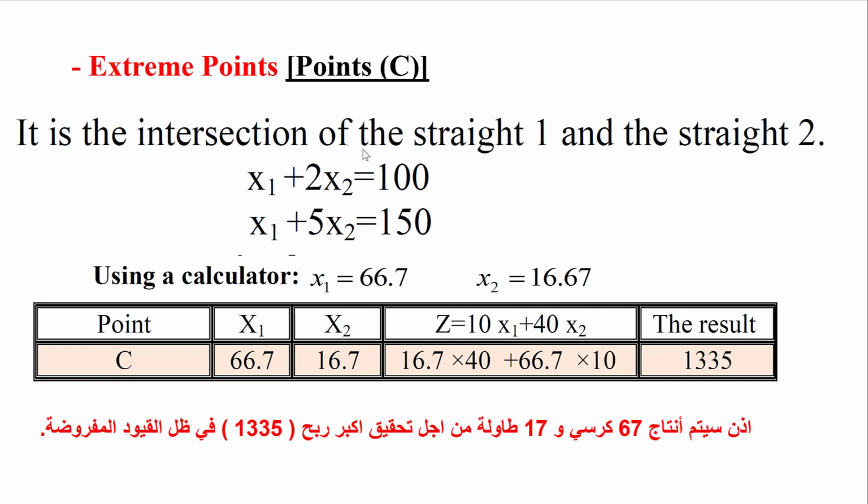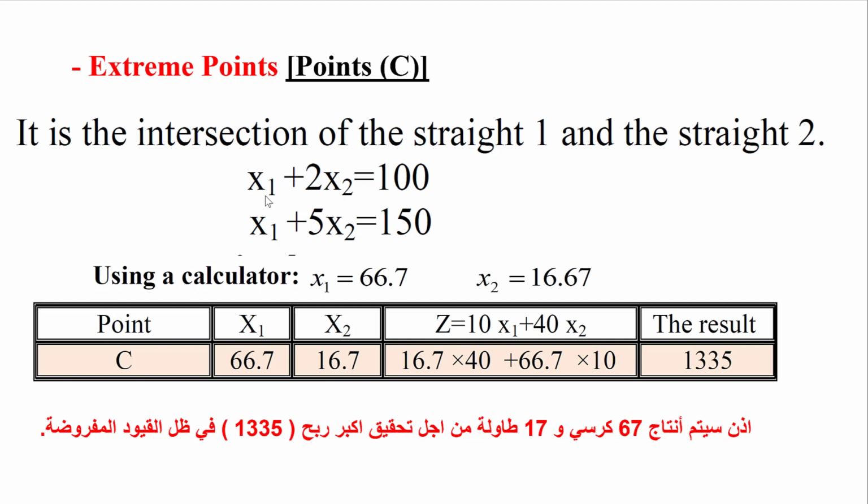Or we can solve it mathematically. We can multiply the first constraint by minus 1, so minus x1 here and positive x1 there will cancel each other.